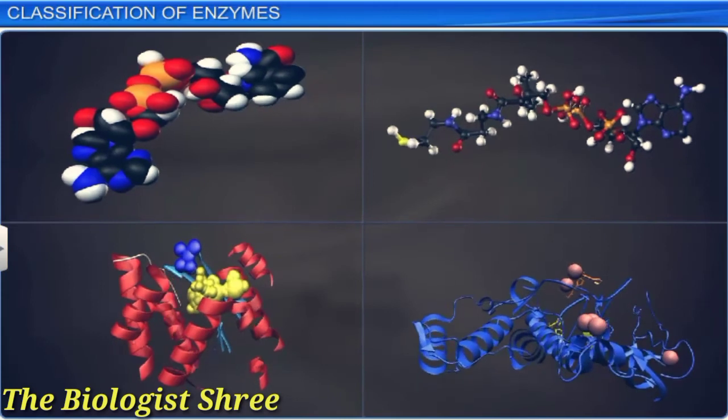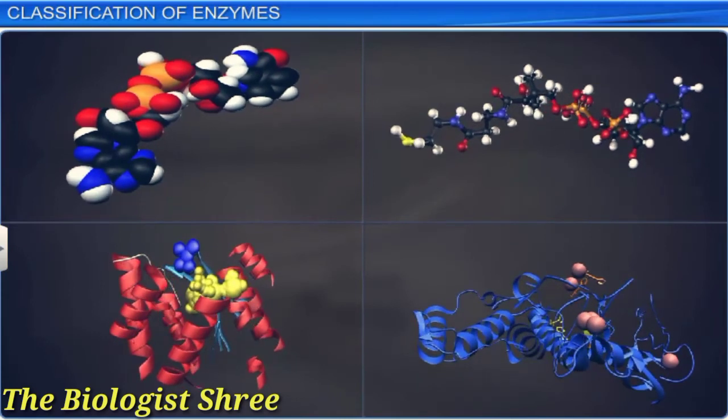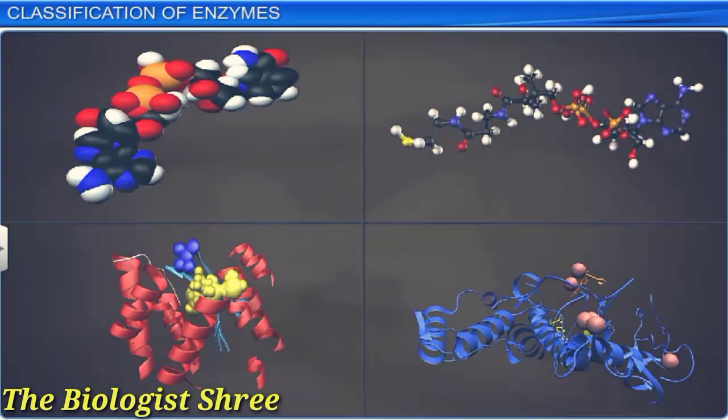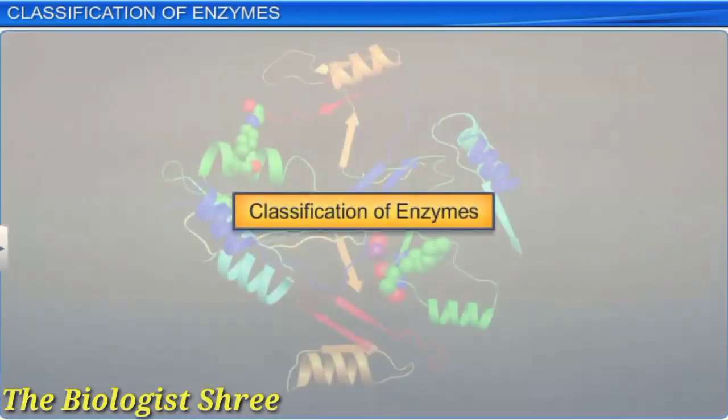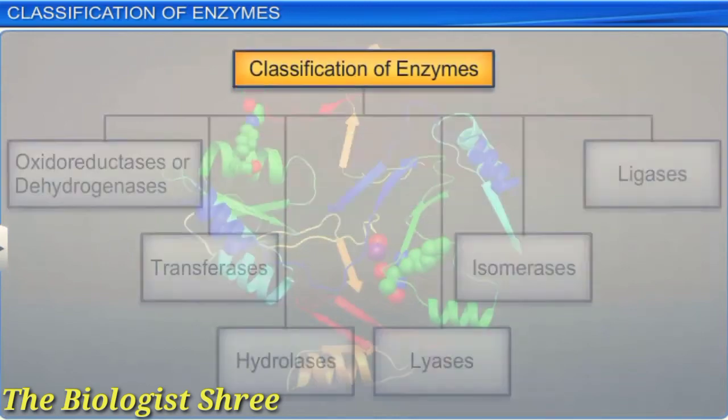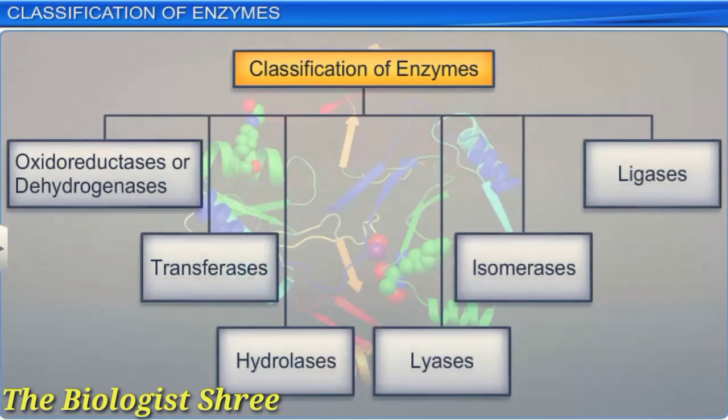Scientists have discovered and studied numerous enzymes. Depending on the types of reactions they catalyze, enzymes have been divided into 6 classes, namely oxidoreductases or dehydrogenases, transferases, hydrolases, lyases, isomerases, and ligases.